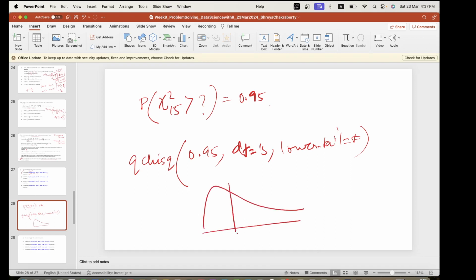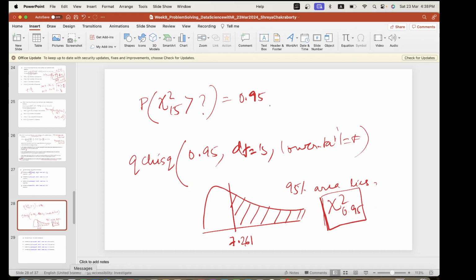So this point is 7.261 and above this point 95% of area lies. And this thing is given by chi-square 0.95. So if you see something like this, chi-square 0.95, it means that point above which 95% area lies.